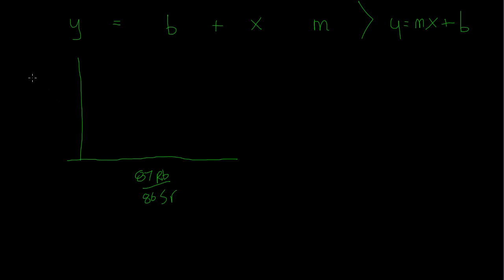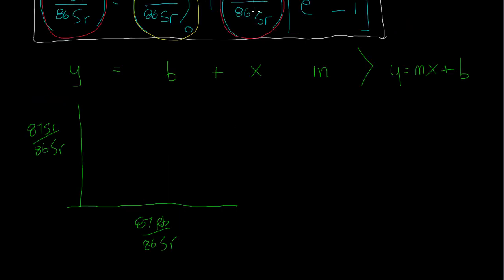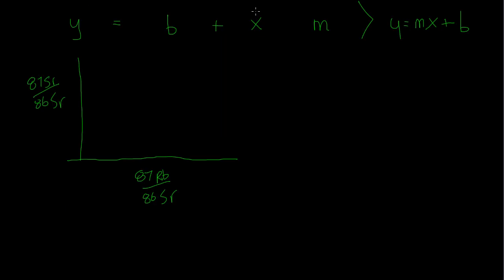The y-axis is the ratio of 87 strontium to 86 strontium. And this equation is actually the equation of a line, like this, with the y-intercept here. This is b, remember? And that is equal to the initial ratio of 87 strontium to 86 strontium.